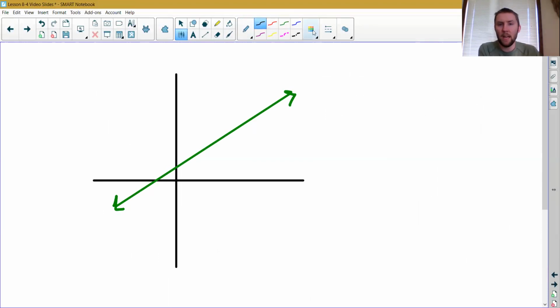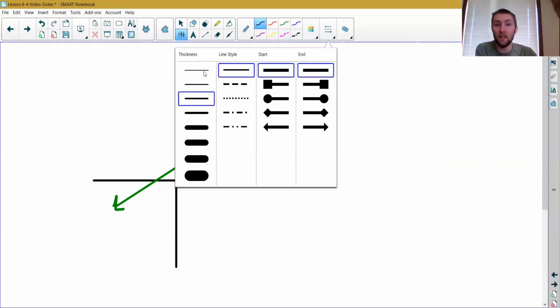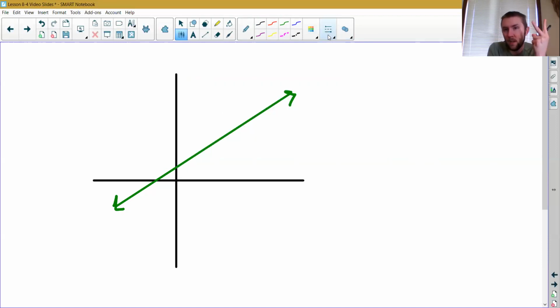If I have a graph and they ask me to find the slope, there's two ways that this can be done. Either way, we need to identify 2 points on the graph that cross over the grid lines real perfectly, like 2 coordinate points that are whole numbers, nice number values.